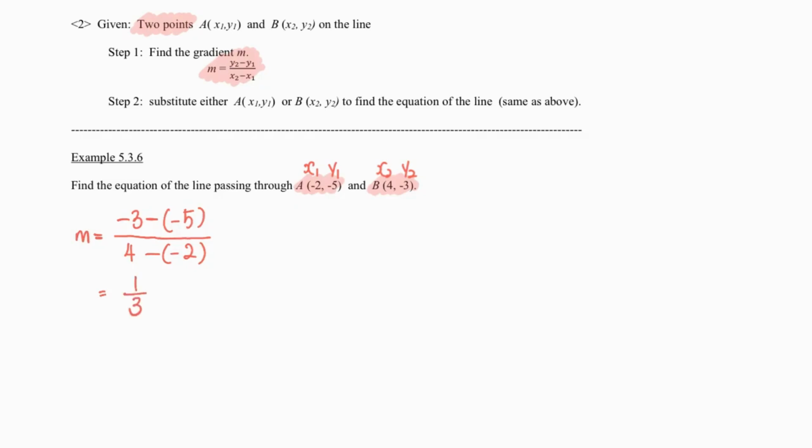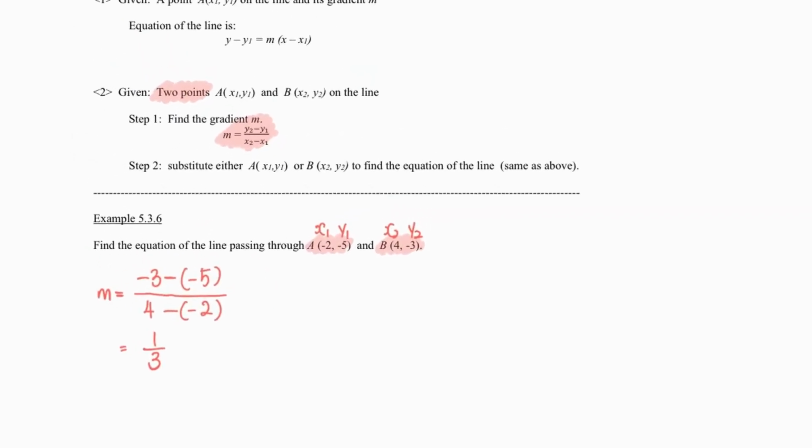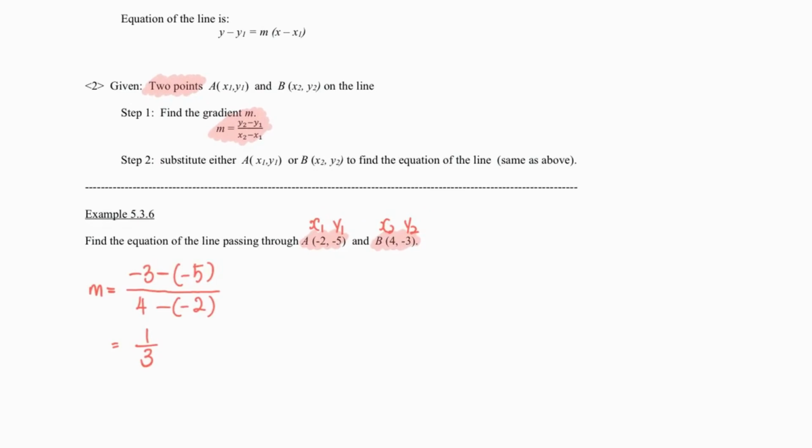So now we just have to choose either A or B to substitute into the equation. Where's the equation? This is the equation of the line that we are going to substitute in. Come, let's draw a neat one.